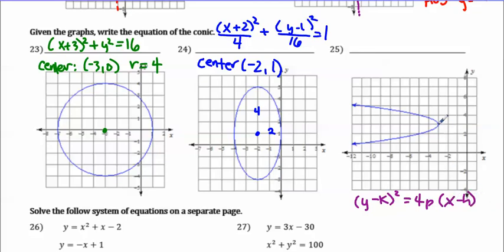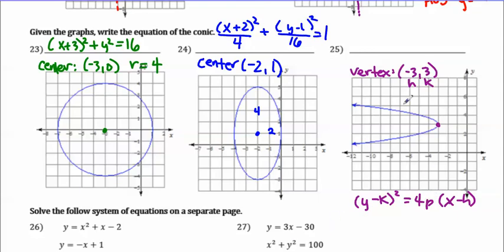Now I can see the vertex is right here, so the vertex is at negative 3, 3, and that gives me the h and it gives me the k. But what I need to find is the p-value. So in order to find the p-value, I need another point on the parabola that I'm going to use to substitute for x and y, and then I can find my p-value from that.